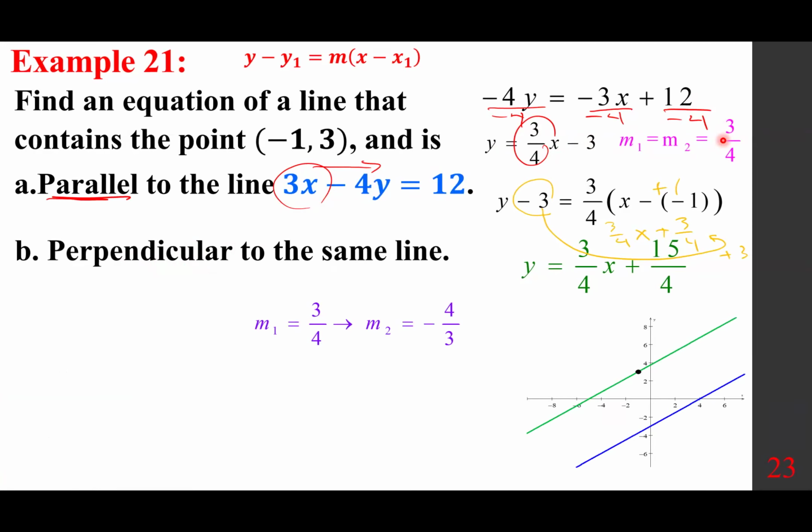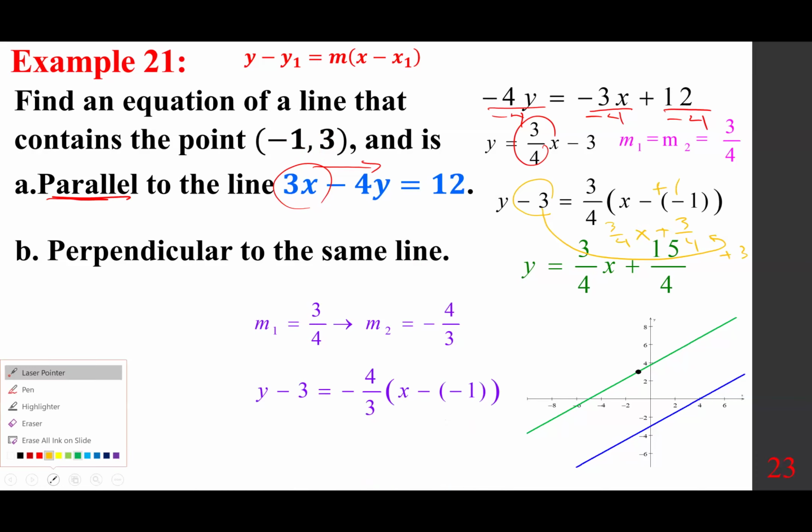And so y minus y1, that means y minus 3 equals m, which is -4/3 times x minus minus 1 or x plus 1. And we're going to simplify it. We're going to distribute. Of course, this is plus 1.